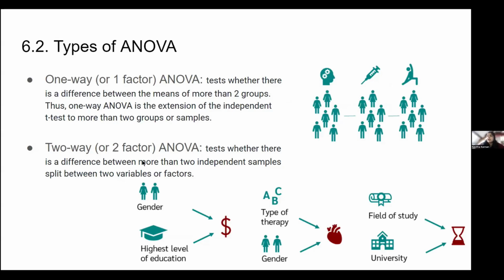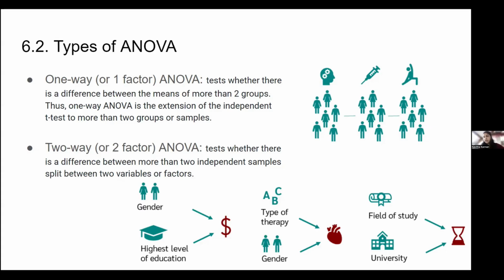The second one, the two-factor ANOVA, is slightly more complicated because you're looking at two variables or two factors that play an equal role in the hypothesis you have framed. For example, your hypothesis is men earn more than women if they have completed their PhD, a random statement.